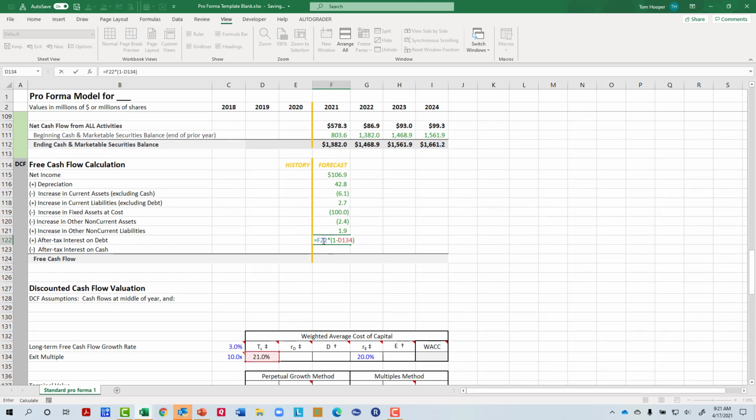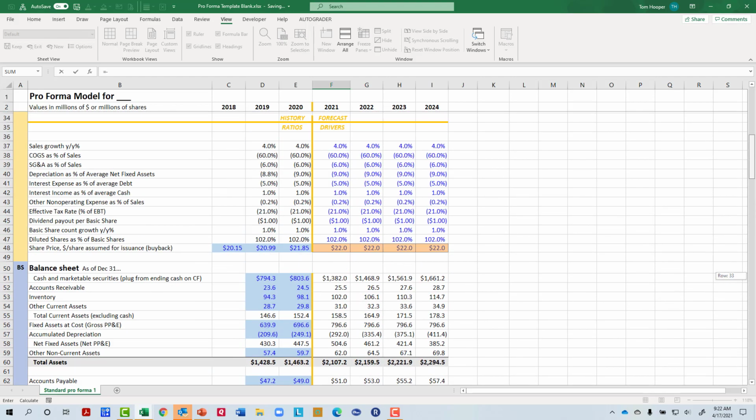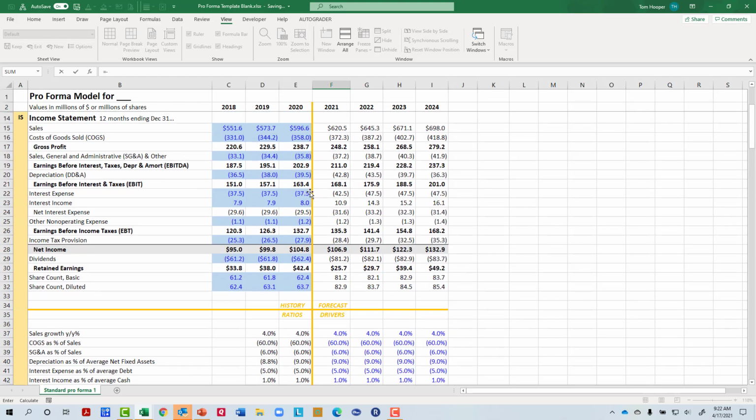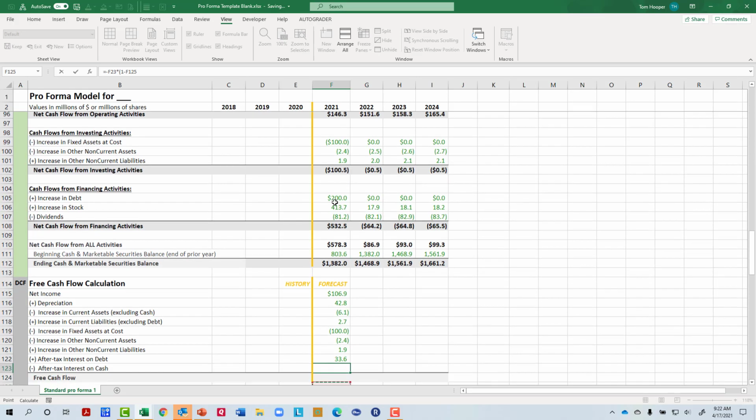Since this is an outflow, but I want to add it back in, I'm going to put a sign change in there. And then similarly, the after-tax interest on cash, since it's going to be an inflow and I want it to show as an outflow, I'll use a negative sign, times the interest income times 1 minus the tax rate.